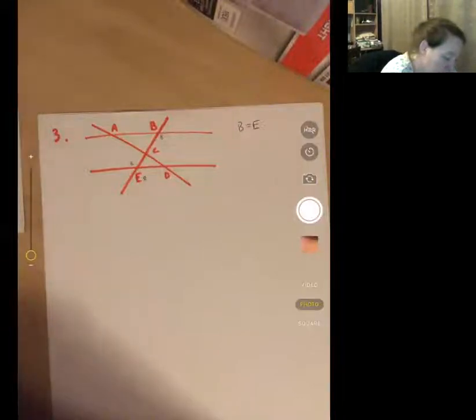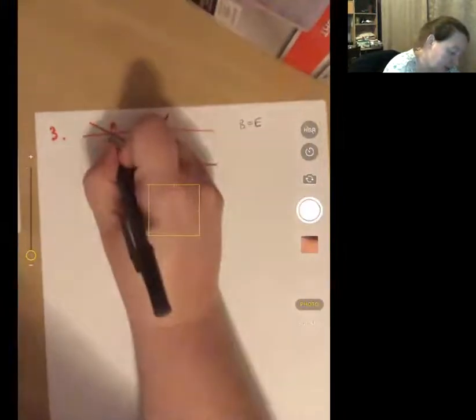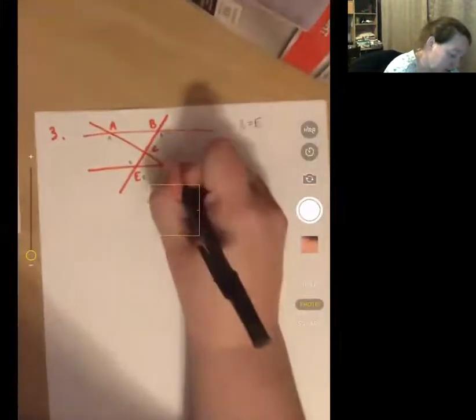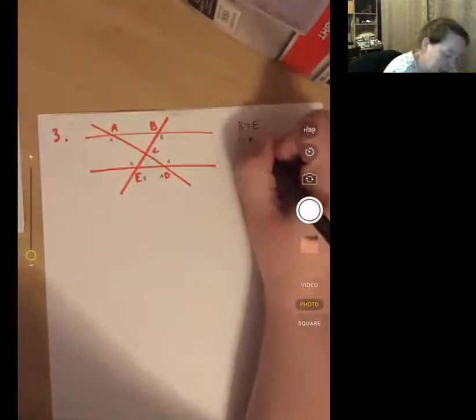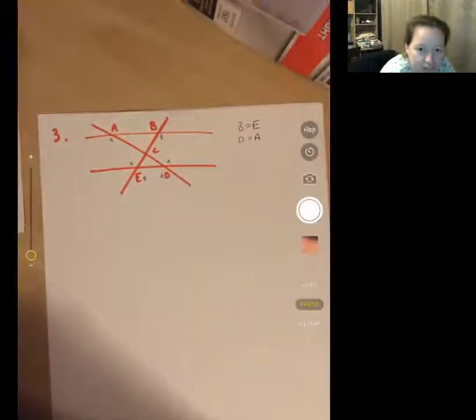I know that A would end up here and here and here and here. So D is equal to A. They're exactly the same. So the question is about the interior ones.